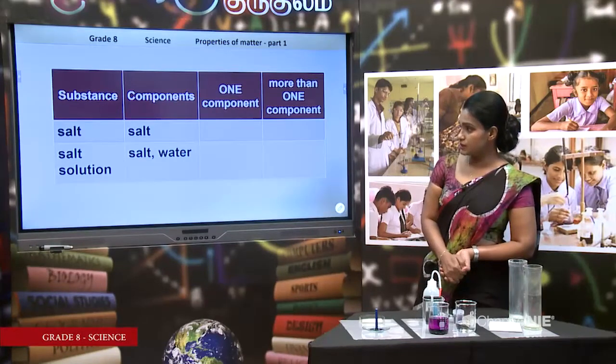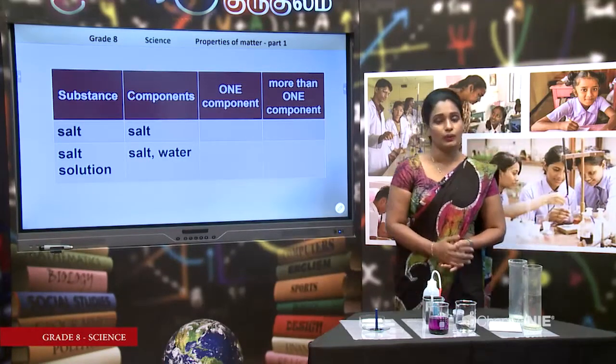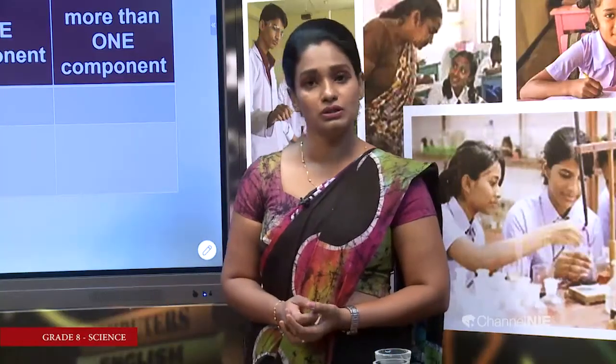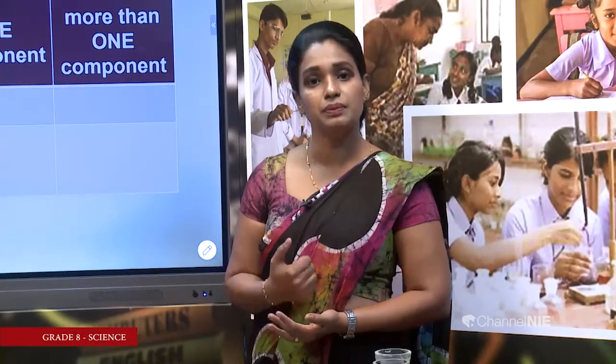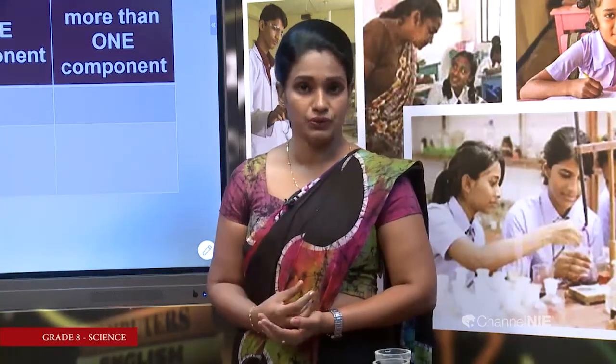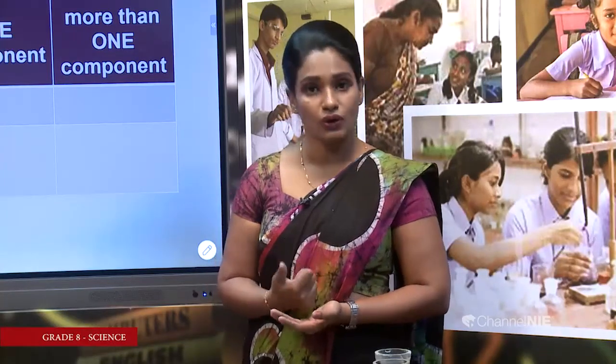One more example for you. This is the substance, you can see there are two substances in the first column, salt and salt solution. What is the difference between salt and salt solution? Actually, salt means pure salt. Then the salt solution means if you dissolve some salt in water, you can make a salt solution.